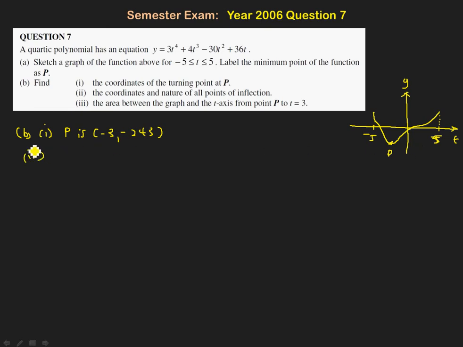Part 2, the coordinates and nature of points of inflection. I suppose I would just differentiate it and find my points of inflection. I need the second derivative, so I need d squared y over dt squared.